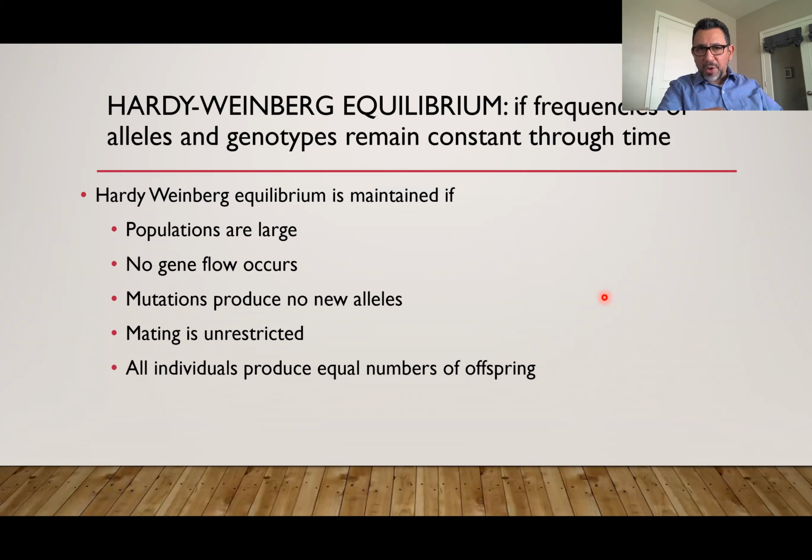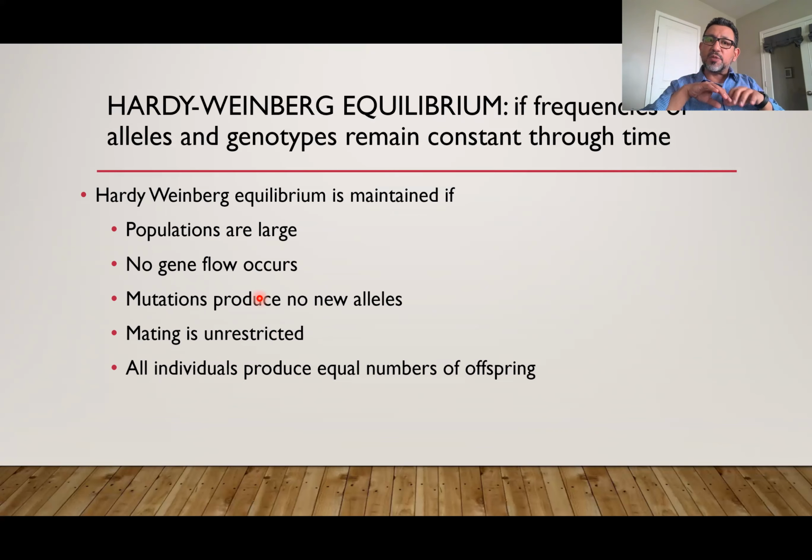And as we go down this list, I want you to think, what population can meet all 5 of these criteria? Because even if you have a population large enough, you also have to have a population where no gene flow occurs. Gene flow is just a natural consequence in nature, where competition sometimes gets too intense in a population and individuals begin to move out in search for better places, with more resources, with less competition.